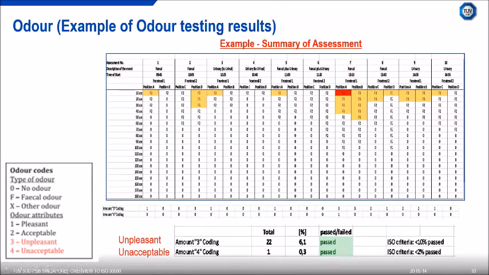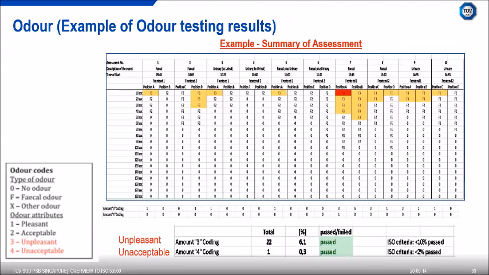So at the end, you get a percentage of the total test results, and then based on the ISO criteria, less than 10% for 3, and less than 2% for 4, which is unacceptable, it determines whether you have passed or failed the odor testing.